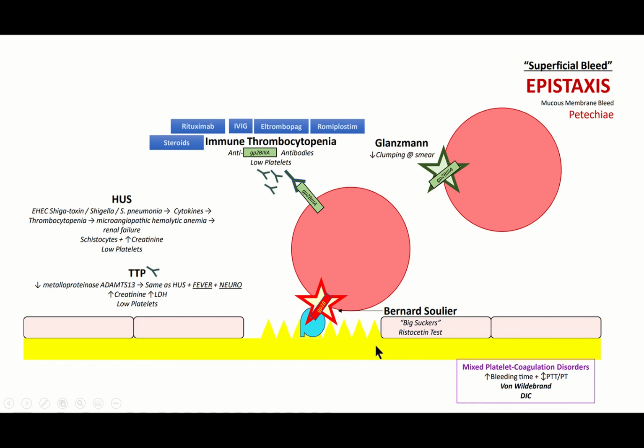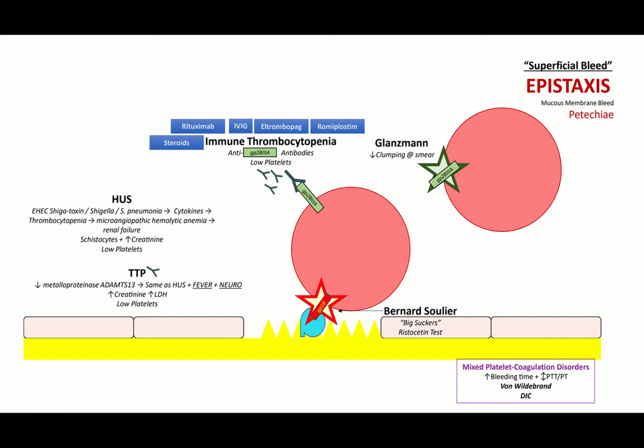Here's a little more clinical application for you on pathologies. So hemolytic uremic syndrome, TTP, ITP, Glanzmann, BS, and some mixed platelet coagulation disorders. So, in general, these should have an increased bleeding time.